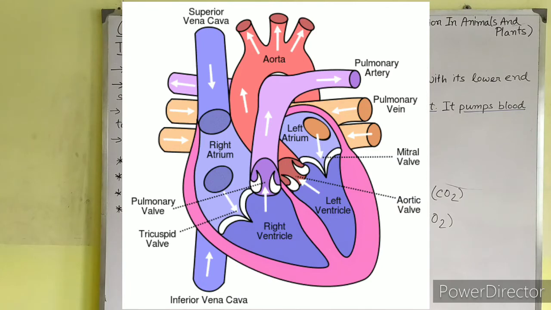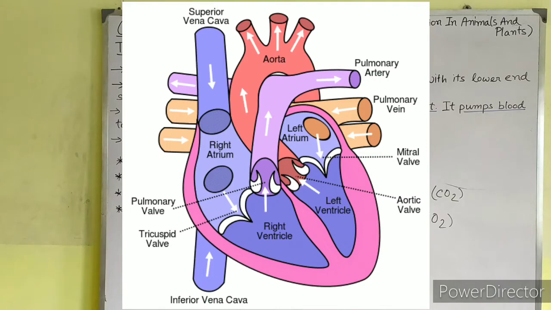This oxygenated blood enters the cells where oxygen is used up by the cells to produce energy, and in turn carbon dioxide is produced which mixes with the blood and forms the deoxygenated blood or carbon dioxide rich blood.